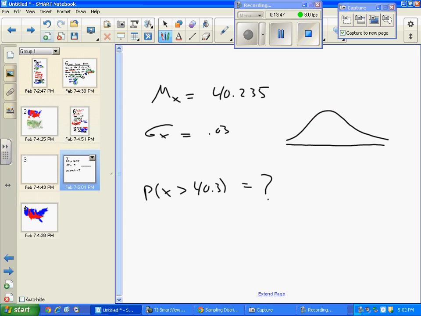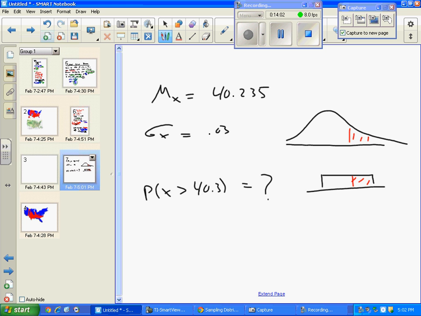It might actually be skewed somehow, or it might be a uniform distribution. So since we don't know the shape of the distribution, we don't know what area to find. Are we finding this area? Are we finding an area like this? It would be different depending on the shape.